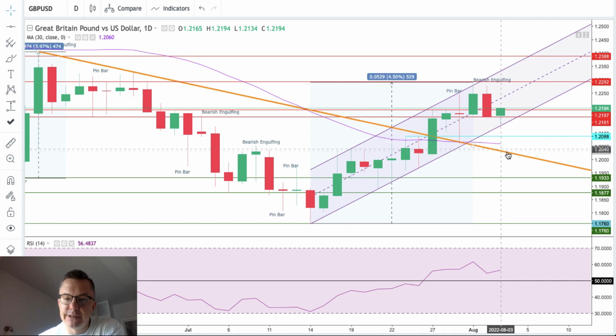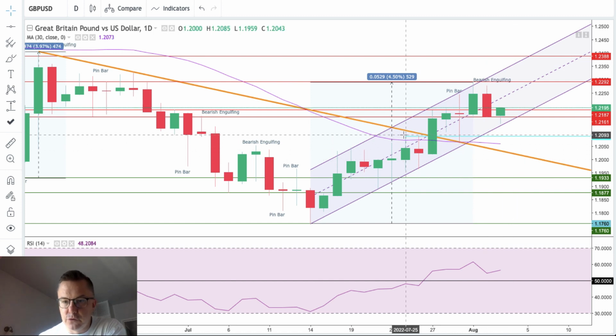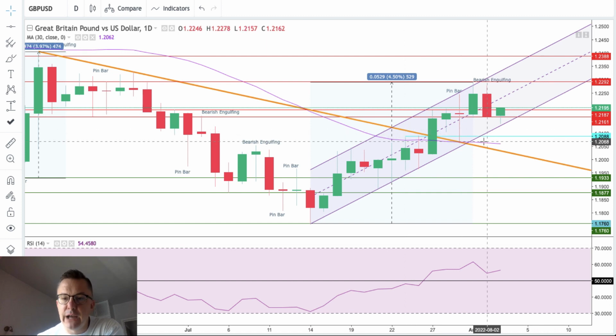If we break below this zone here, made of the short-term technical support, 30-day moving average, and mid-term trend line, then of course the outlook returns to bearish, and we will most likely break below the level of 50.